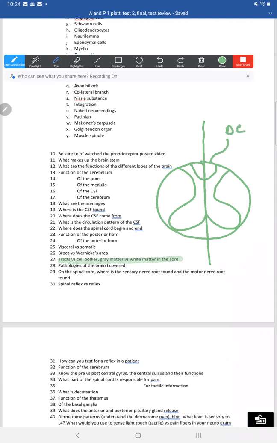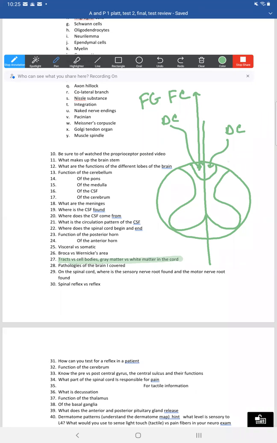The dorsal columns were back here. The dorsal columns were made up of the fasciculus gracilis and fasciculus cuneatus. And that would be a tract, a highway system that travels up and down the spinal cord to get to the brain. Those are tracts, it's like a highway system.